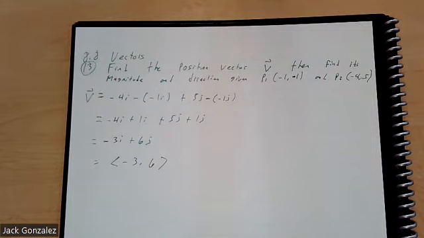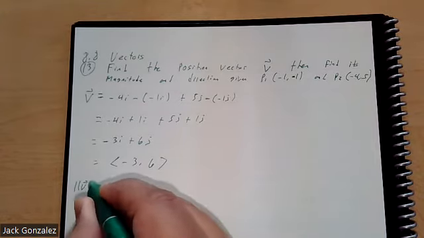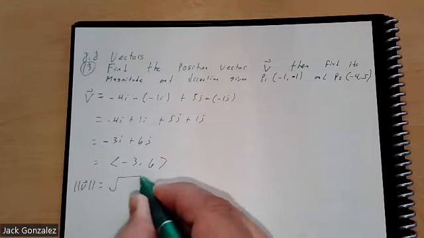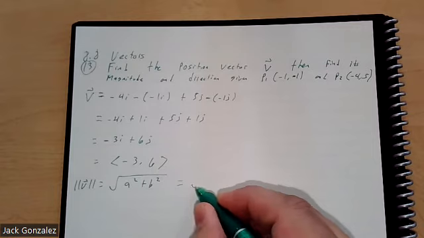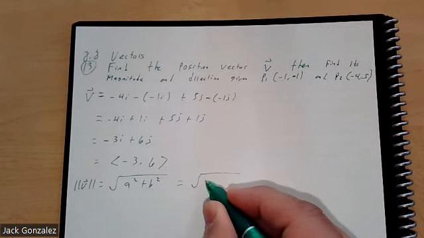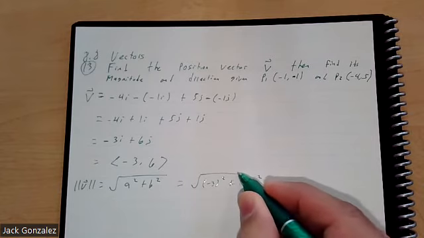All right, so once you have this, you can answer the rest of the questions. So this is position vector v. Magnitude of v is equal to the square root of a squared plus b squared. So this will be -3 squared plus 6 squared.